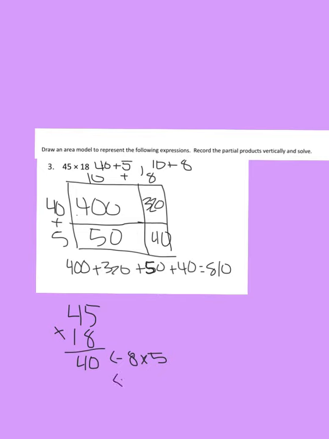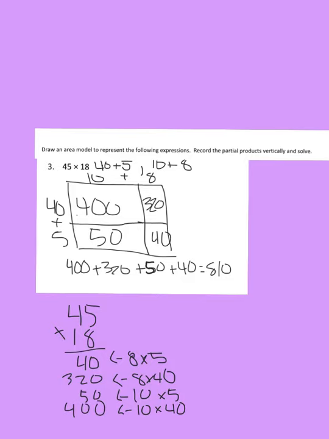Then we're going to have 8 times 40 to equal 320. Then we're going to move on to our tens place, and we're going to have 10 times 5 to equal 50, and finally 10 times 40 to equal 400.